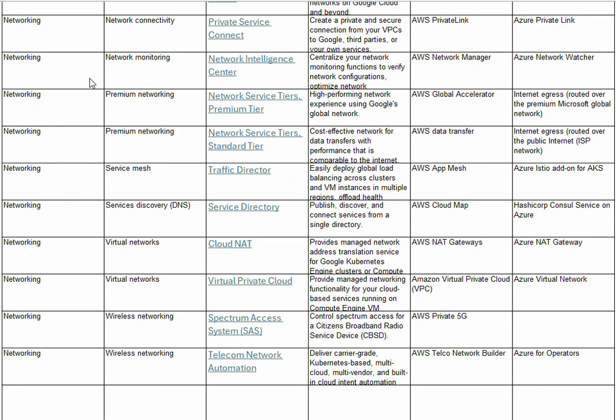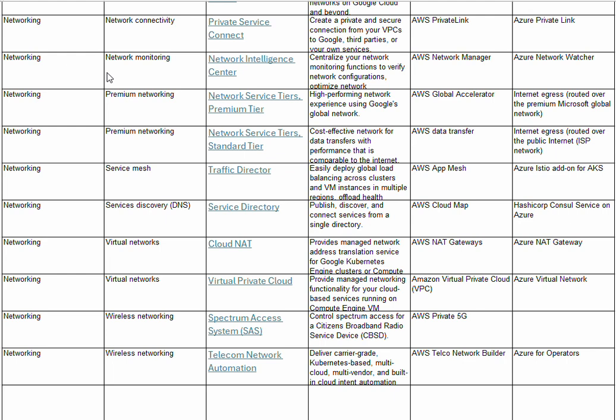After that, we have some other networking services where particular tools are deployed to monitor the networks. They help you see how data packets are transferred, how we can capture them, and what data analysis we can do.